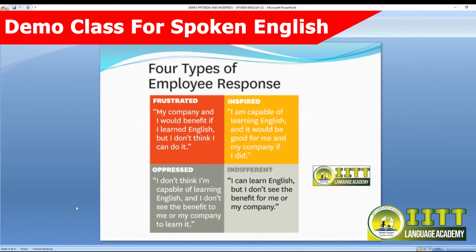Because English is a language that the world has actually accepted as the official language of, say, around 60% of the world's population. There are 27 countries around the world whose official language is English.